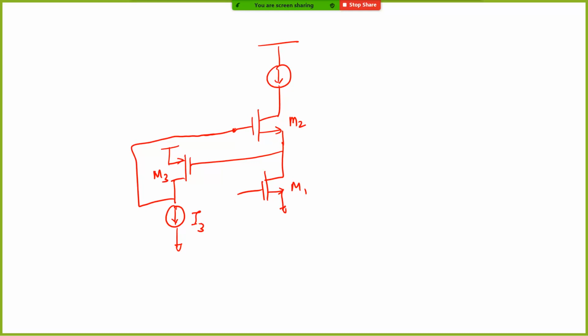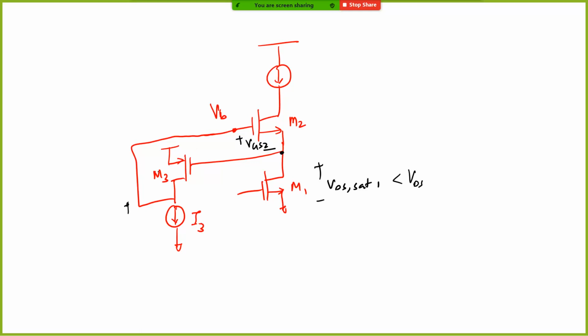Because you need a larger voltage for this VB that needs to be supplied to M2. This has to be large enough to support what? This VGS2. Let me just use another color to illustrate the point. Now VB has to be what? VGS2 plus the VDS sat of 1, or a VDS which is greater than this VDS sat of 1. So this voltage has to be fairly high, and this node voltage is low.